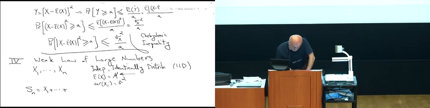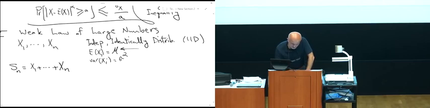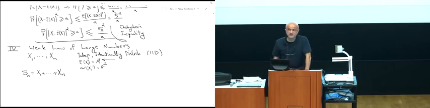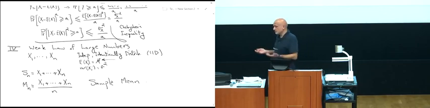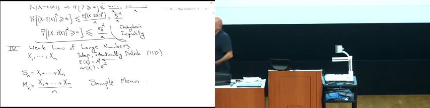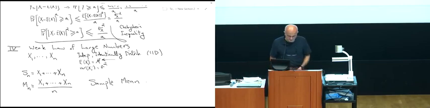So I define the sum of these variables as Sn, and I define Mn as the average of these. This is called a sample mean. Okay? So you run an experiment a certain number of times, you want to figure out some average value, you add up all the random variables, divide by the number of trials. That gives you a sample mean.